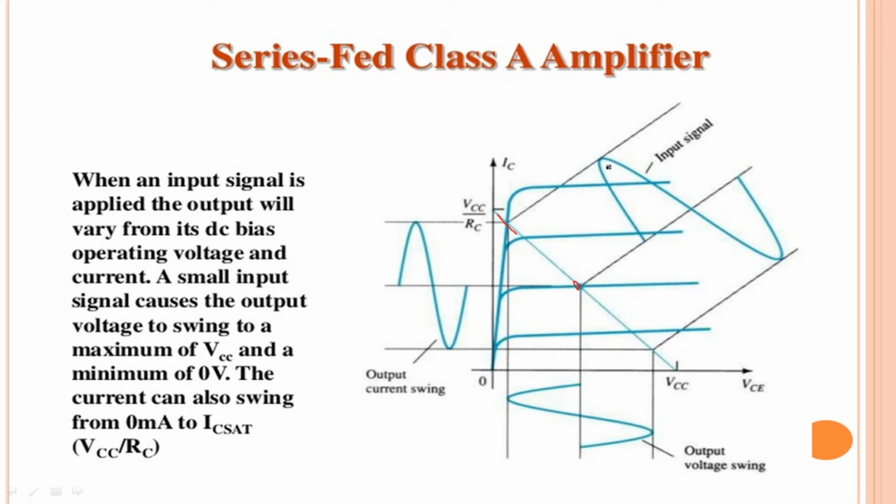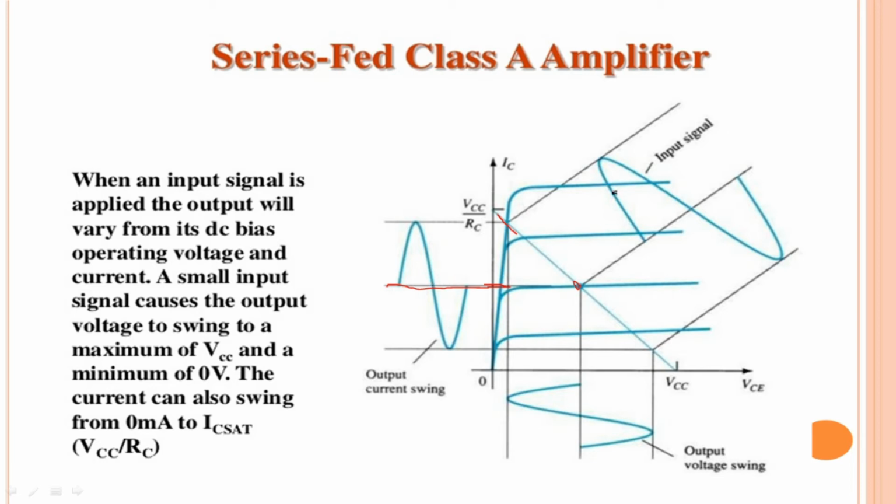So this is the input signal. This is the base current, and on this DC base current we have applied the AC input. It gets added to the DC base current, so during the positive half cycle, for this base current, the corresponding DC collector current flows in the transistor. Corresponding to the AC base current, the AC collector current will flow in the transistor.